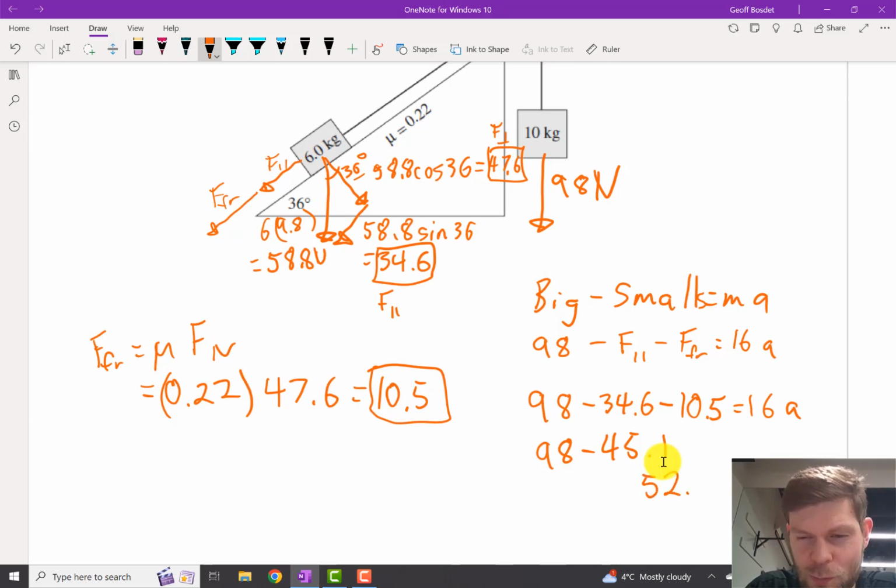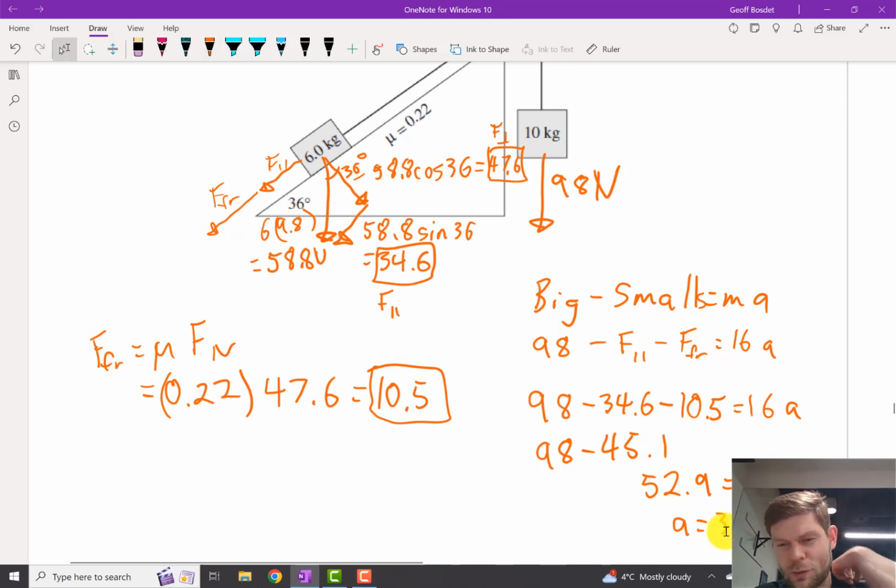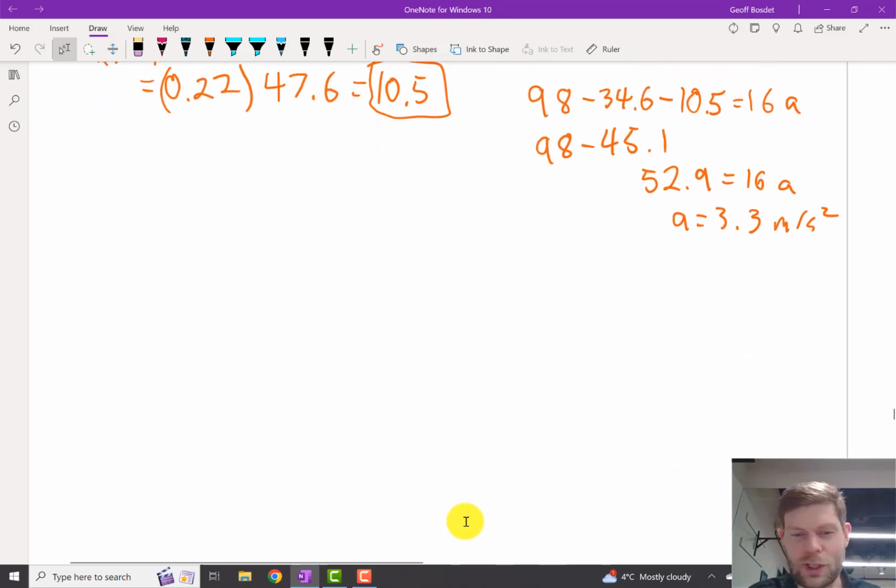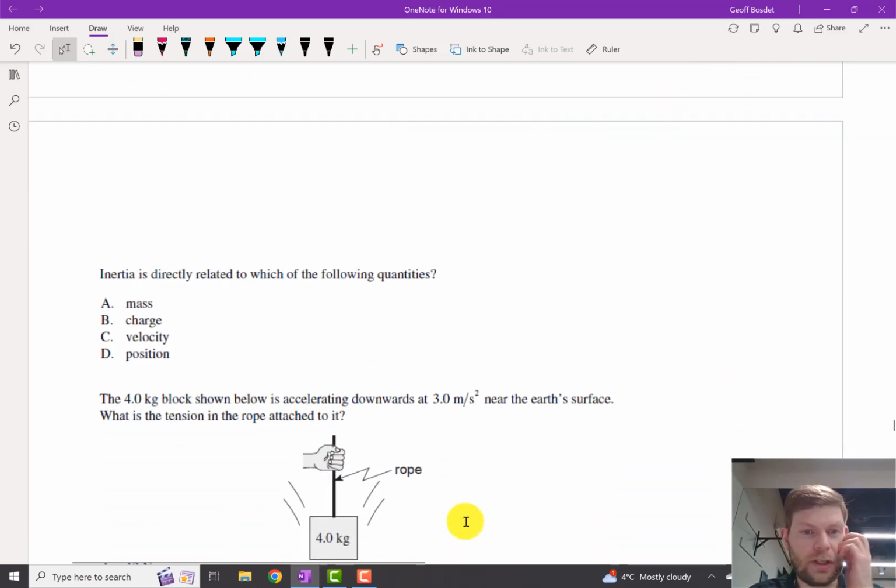So something like 52.9 equals 16A, which will equal A equals 3.3-ish meters per second squared, I think. All right. If I'm not exactly right on the numbers, correct me. I'm doing this in my head, but the gist is all there. The answer key is also there with the actual right numbers.